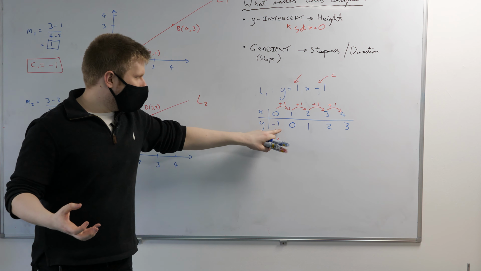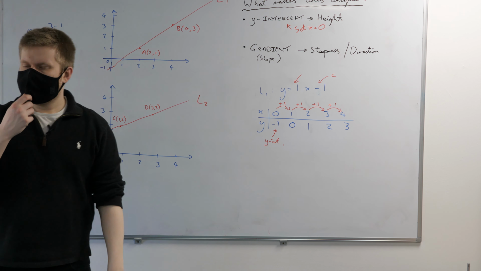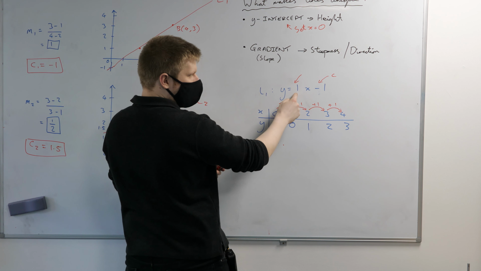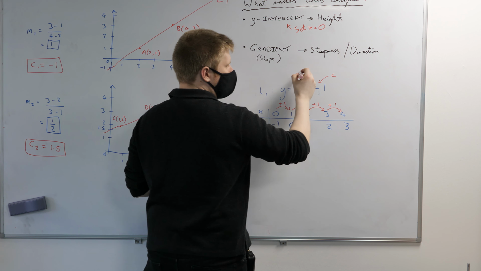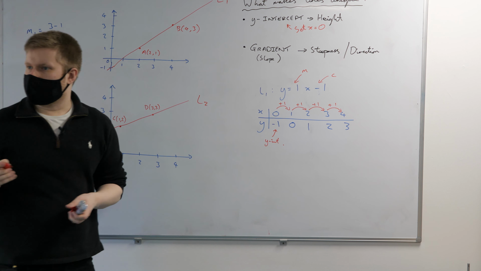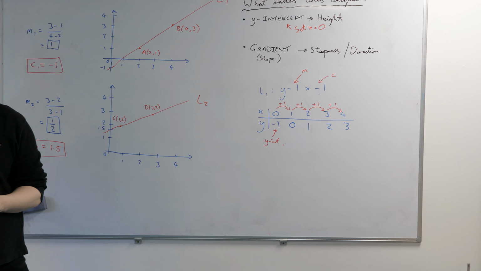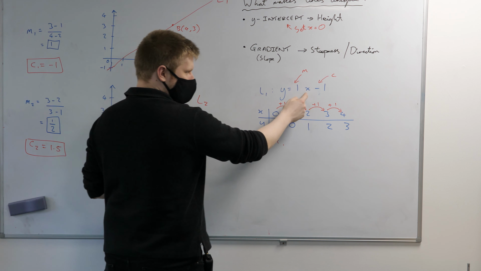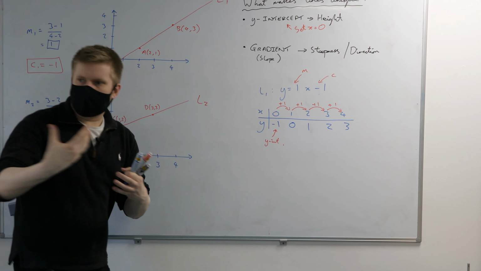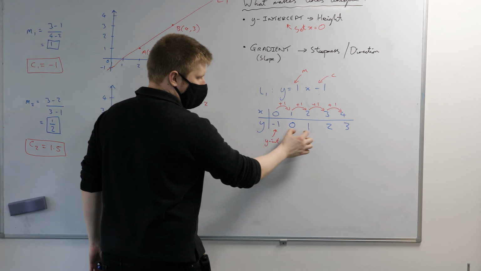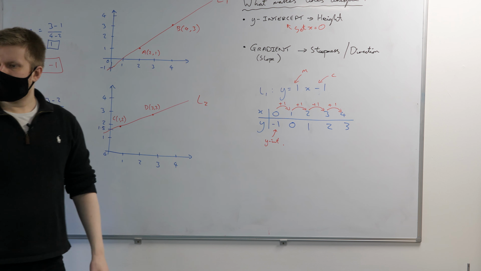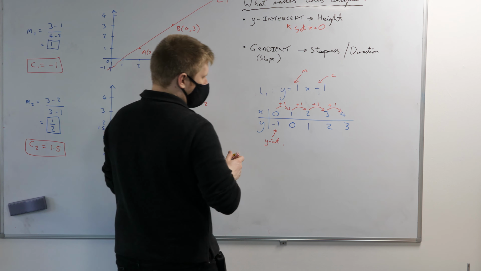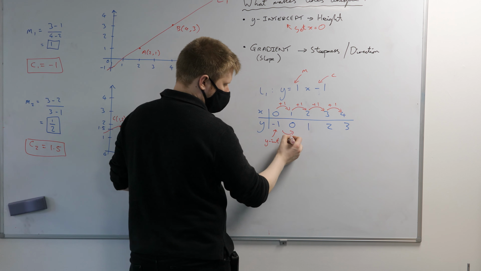So this 1 here, the thing in front of the x, is equal to our gradient. Does that make sense? Because my x is increasing by 1 every time, and it's going to be multiplied by whatever my gradient is in the y direction. So the thing which I'm increasing by is obviously our m.